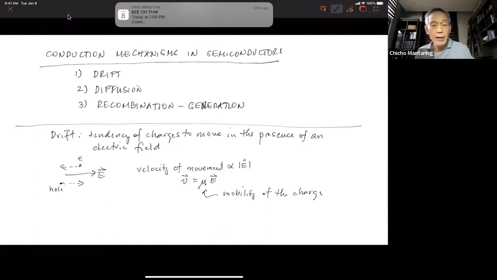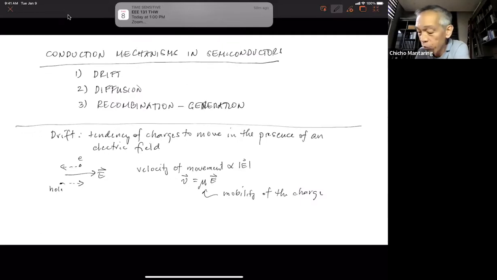Now, you might get the impression that the movement is always in a straight line. For example, if I have an electron, and this is my electric field, you might get the impression that this electron will always move in a straight line. Actually, that is not the case. When an electron moves, it will encounter obstacles. There are many possible obstacles. For example, it might encounter other electrons. It might encounter the nuclei of the atoms, and so it will actually move in a jagged manner.